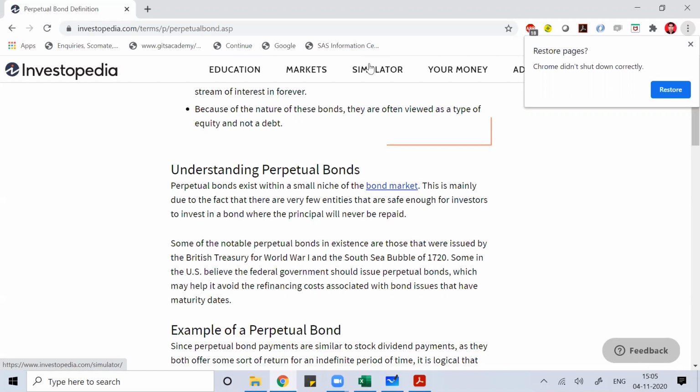Some of the notable perpetual bonds in existence are those that were issued by the British Treasury for World War One and the South Sea Bubble of 1720. Some in the US believe that the federal government should issue a perpetual bond, which may help it avoid the refinancing costs associated with bonds that have maturity dates. This line is saying that, as you must be aware, the US is the largest issuer of debt instruments around the world.